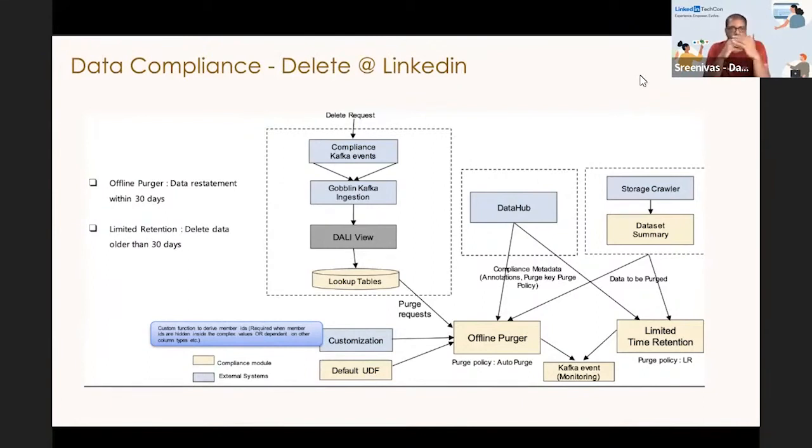Roughly, this is the list of the accounts which need to be deleted, if we take the account closure delete use case. On the other side we have the storage power data hub, which gives us the actual list of files or data sets which need to be deleted, and the annotation with respect to that.